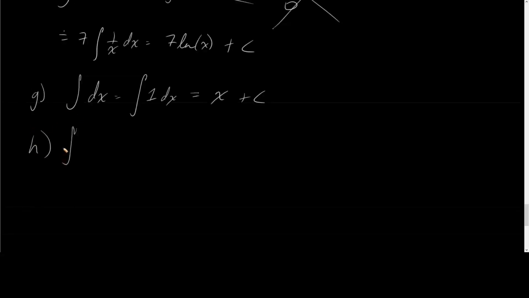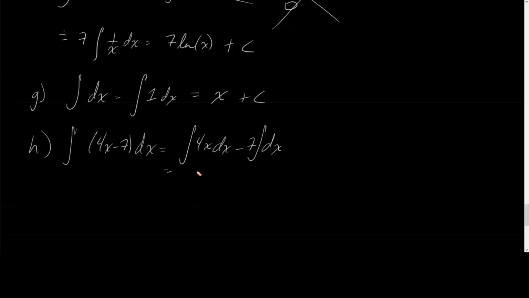The antiderivative of 4x minus 7. Well, technically, this is the antiderivative of 4x dx minus 7 times the antiderivative of dx. But what we can say here is this one right here we already did, right?